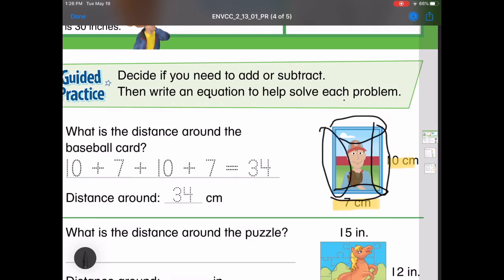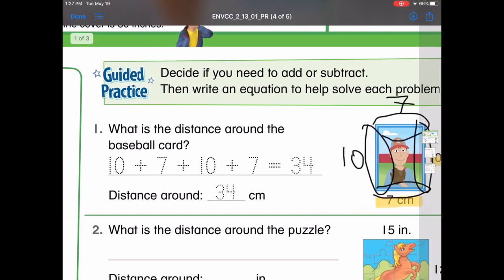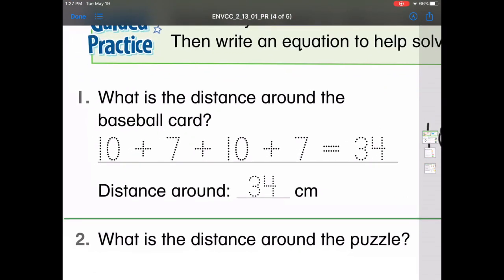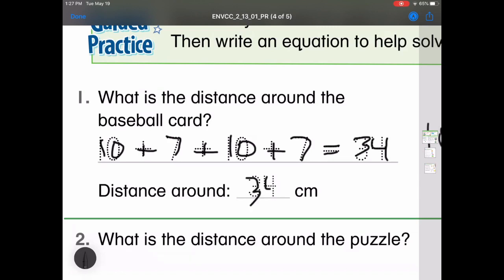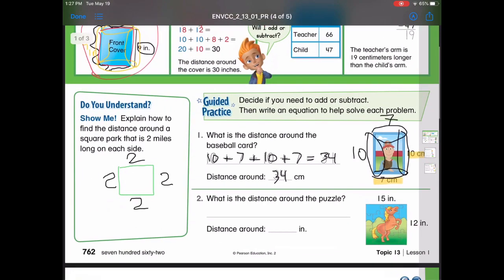And so you would have 7 on top here and 10 again on that side. So our equation is going to look like 10 plus 7 plus 10 again plus 7 again. It's going to equal 34. 34 centimeters around the entire baseball card.